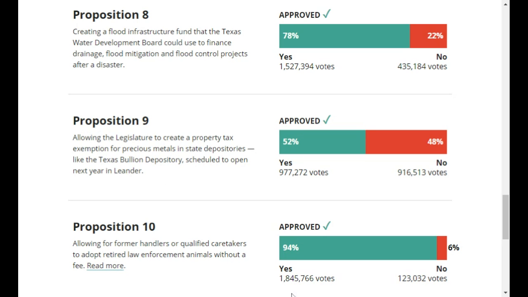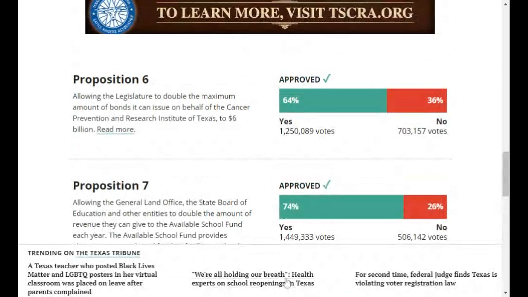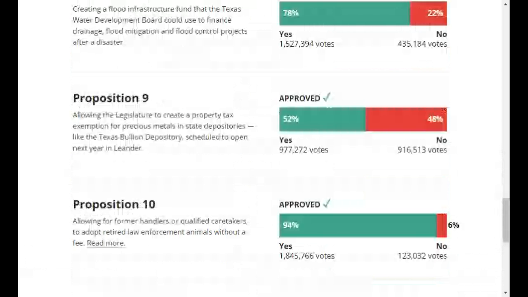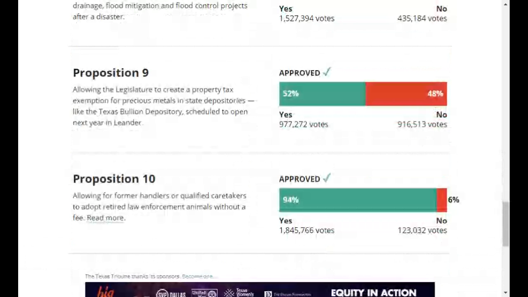So when you're looking at this, you've got probably not more than a couple million people in the state voting. So we're talking maybe 10–15% of the voters for a constitutional amendment if we're lucky. So that's about as good as it gets.